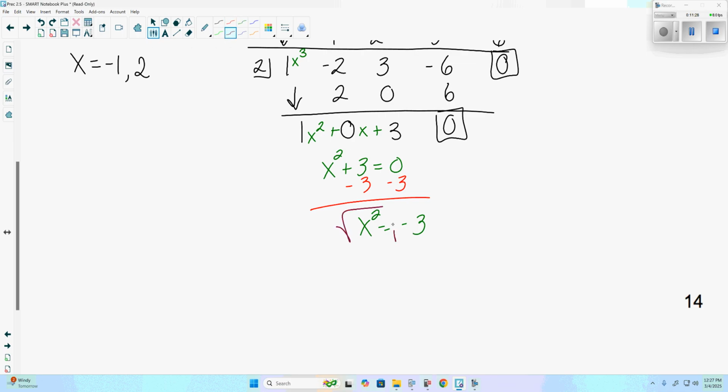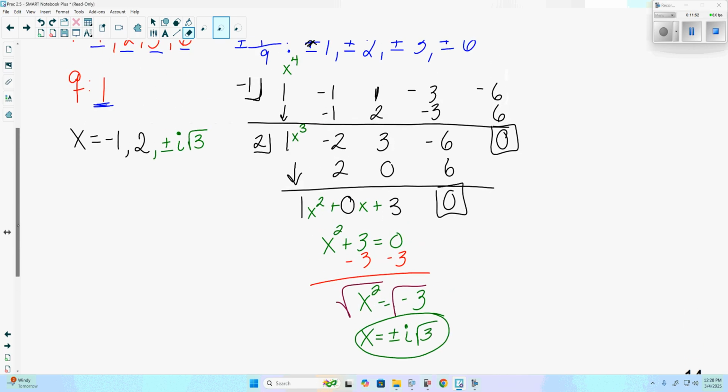At this point, we'll take the square root of both sides, telling us x is equal to plus or minus. Well, the negative will come out as i, and the square root of 3 doesn't reduce, telling us that the last two solutions are plus or minus i square roots of 3. So these here are our 4 solutions.